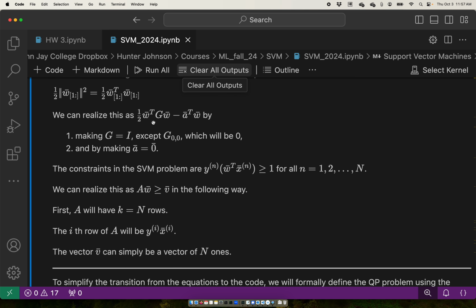Here the understanding is that W does include the bias weight. And in that case, you can just make G equal to the identity matrix. So what does that give you? That gives you all of the squares.